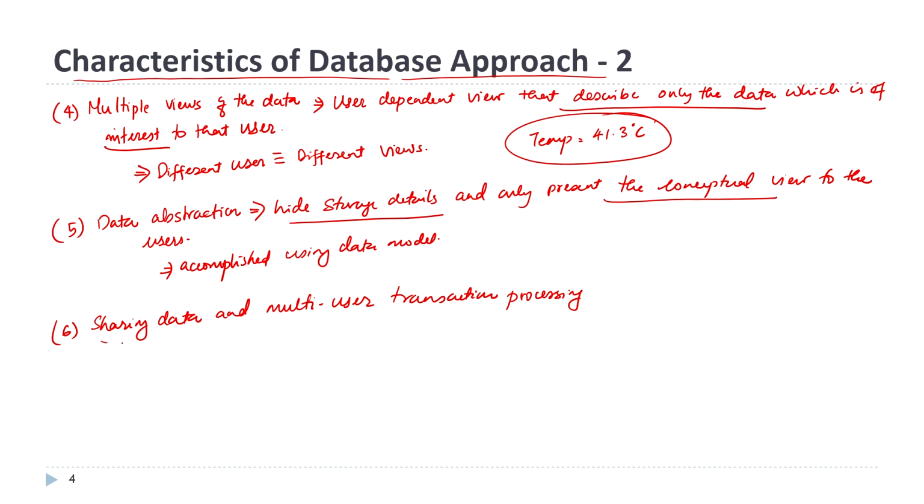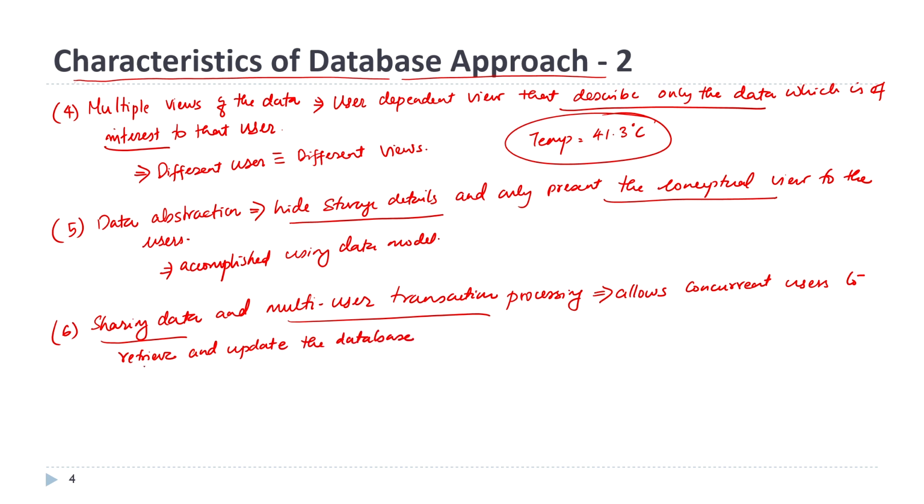So, it allows for the sharing of the data, and it also allows multiple users to process transactions. Which implies what? It allows concurrent, meaning simultaneous, users to retrieve and update the database.